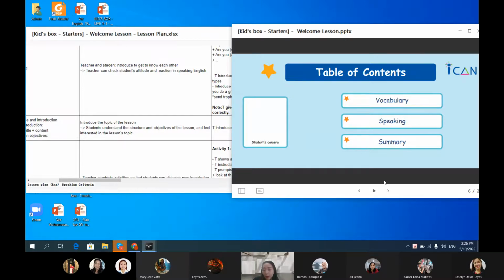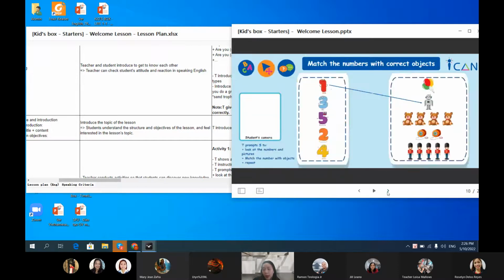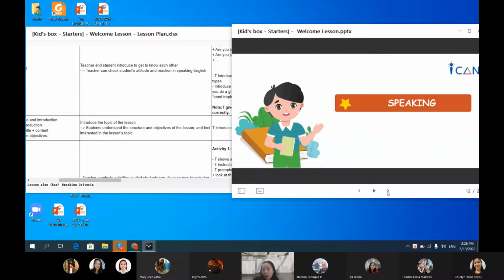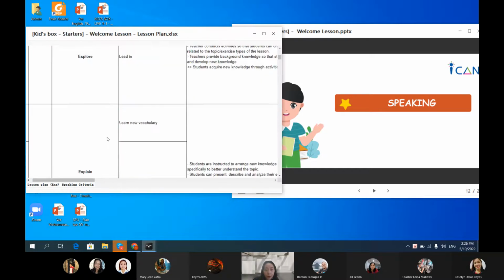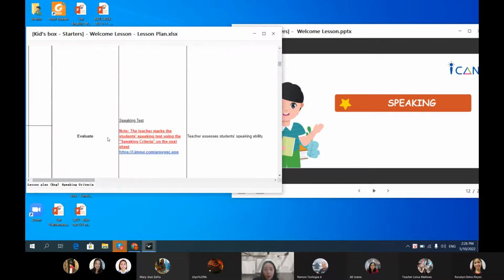So I would just pass the vocabulary one because this is just like a normal lesson as we usually teach in Speak Up. So for the speaking part from here, we're gonna test them. Okay, so I will move to, for example, here's a stage called evaluating, which will contain the speaking test.